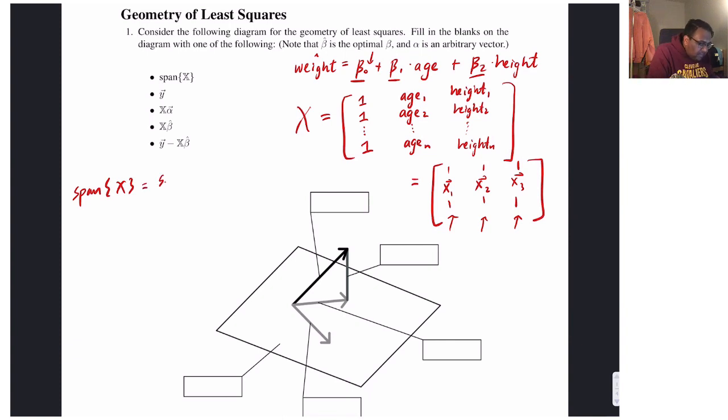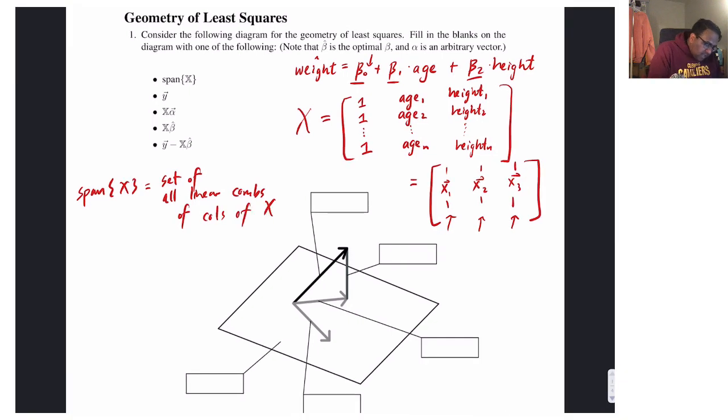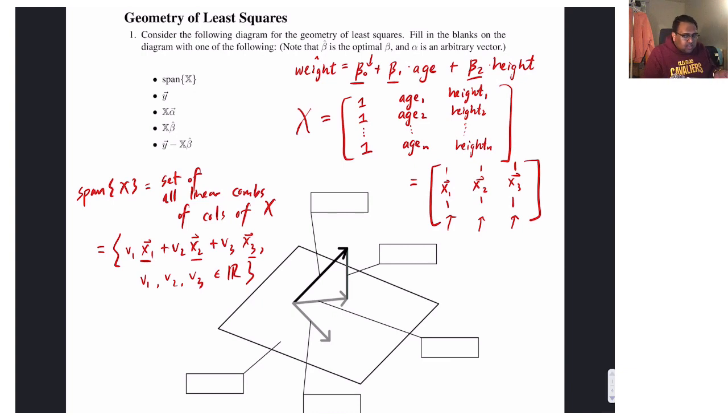And so this is the set of all linear combinations of the columns of X. And so we can think of this as being the set of all vectors of the form v1 x1 plus v2 x2 plus v3 x3, where v1 and v2 and v3 are all scalars. Okay, x1, 2, and 3 here are vectors, v1, 2, and 3 here are scalars, and so the result of this linear combination is another vector. So it's the set of all vectors of this form.